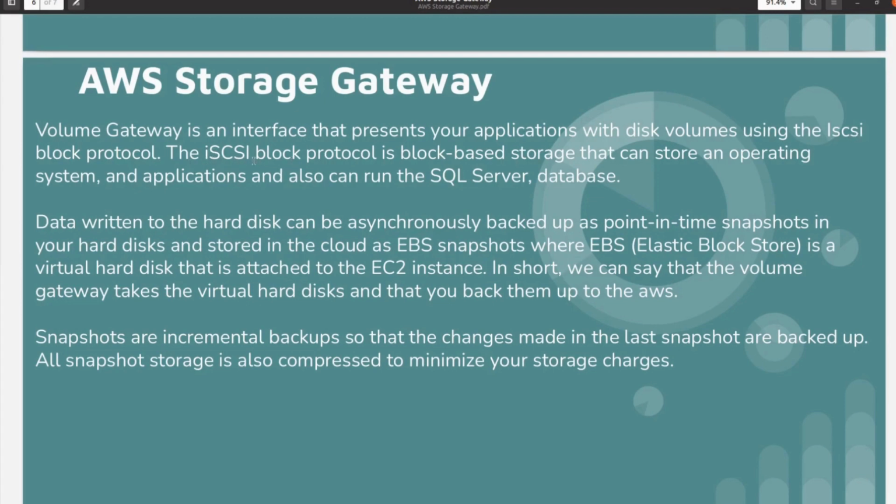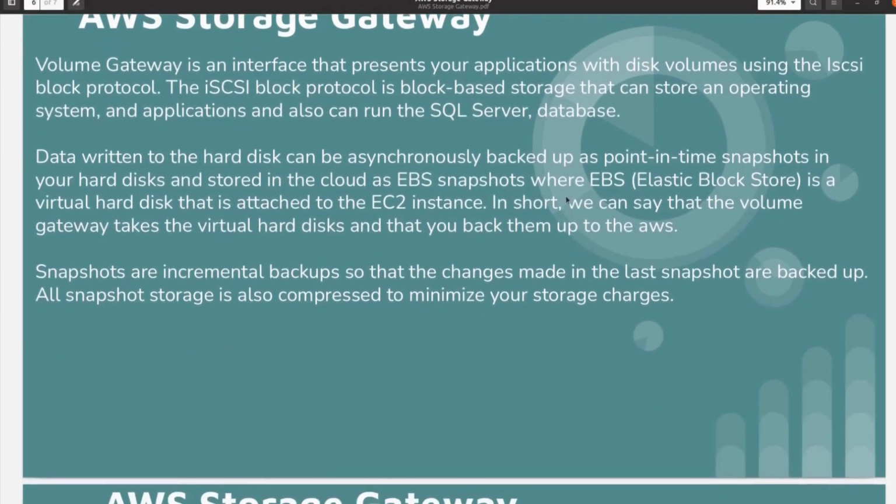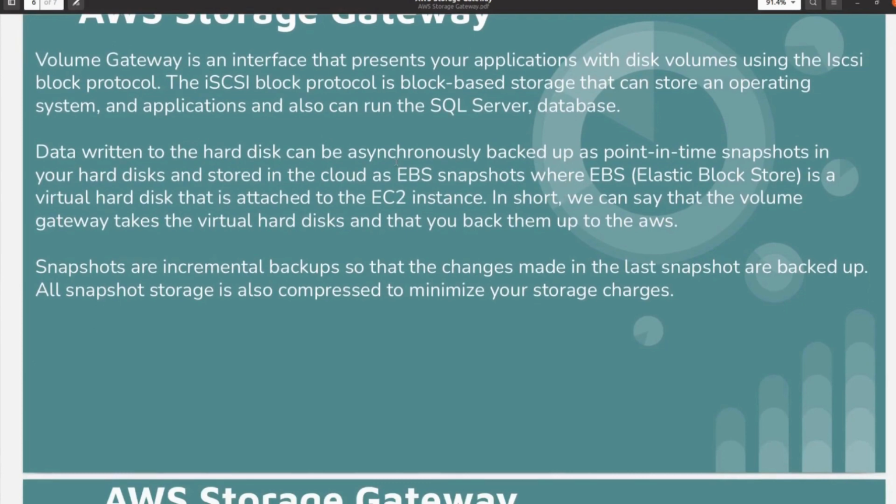The iSCSI block protocol is a block based service that stores an operating system and applications, and can also run a SQL Server database. Data written to the hard disk can be asynchronously backed up as a point in time snapshot of your hard disk and stored in the cloud as an EBS snapshot.